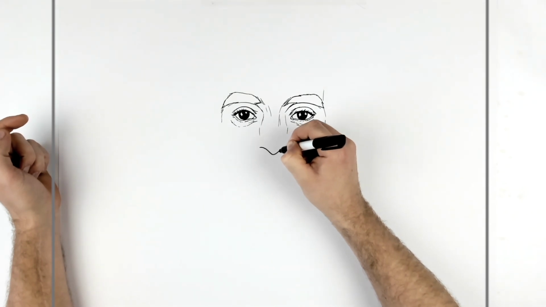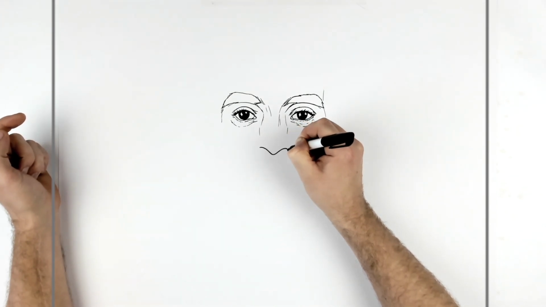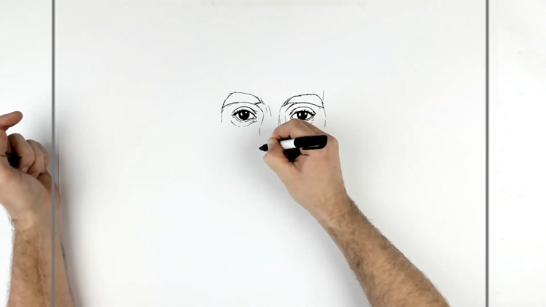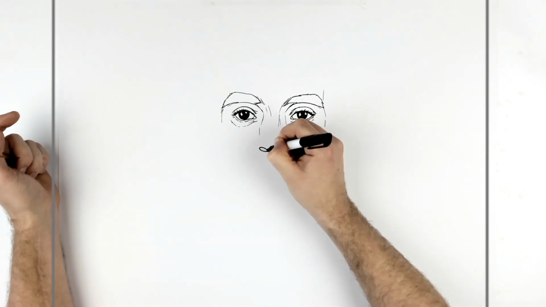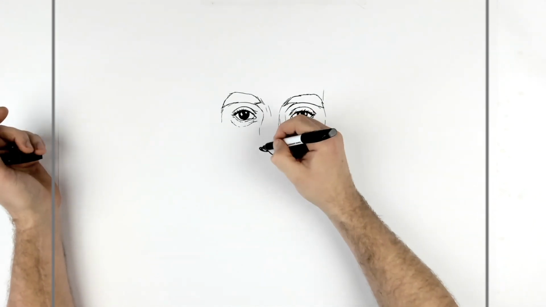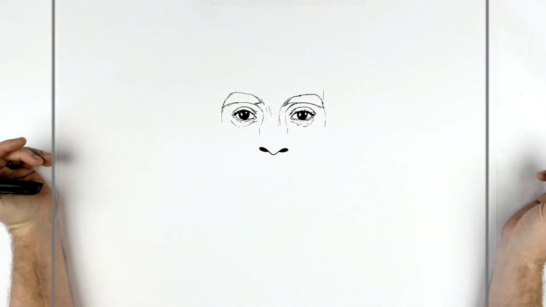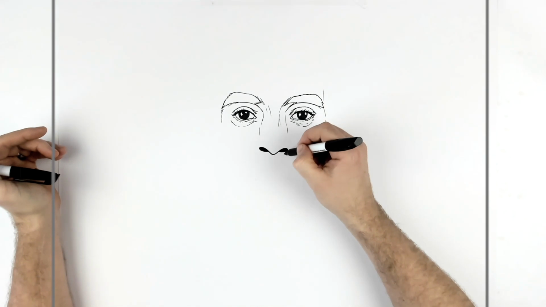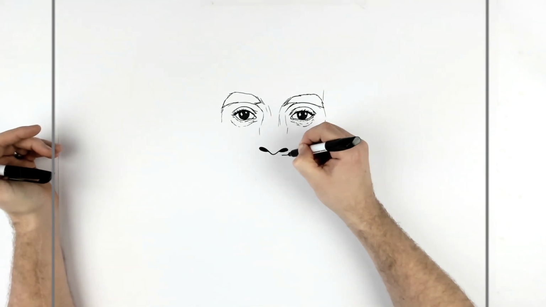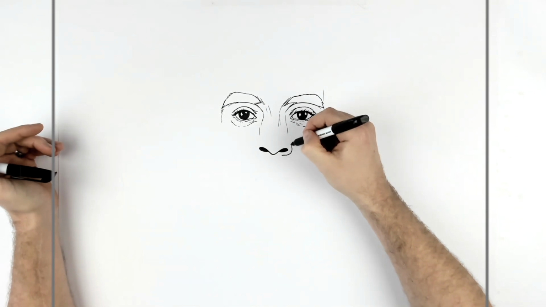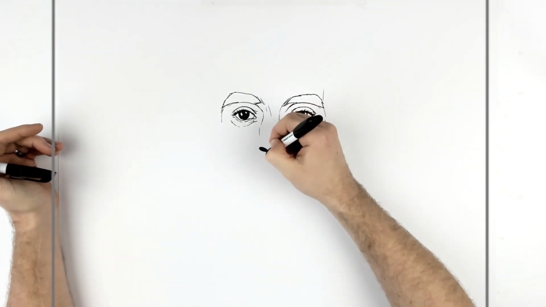Curves around like this. Right, a real particular shape. Dark nostrils then. And then the actual skin of the nostril comes around. Like so.